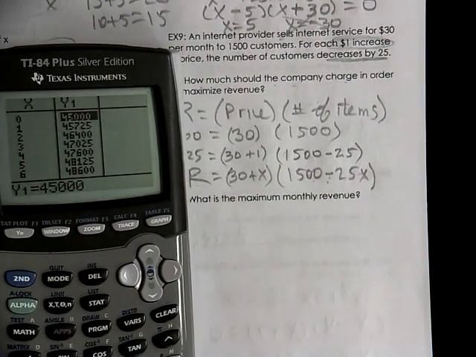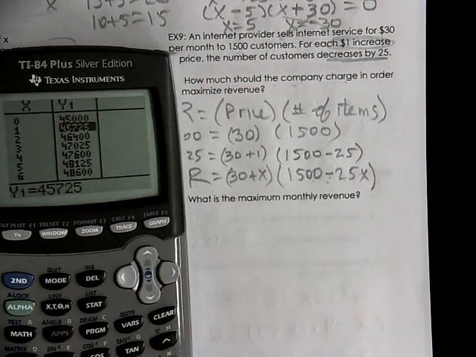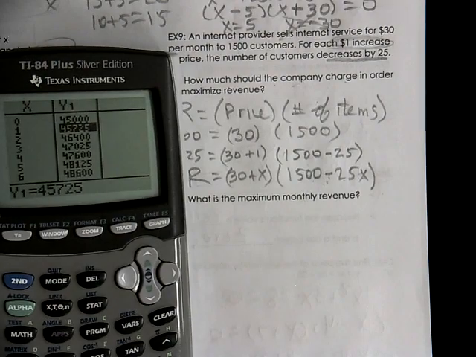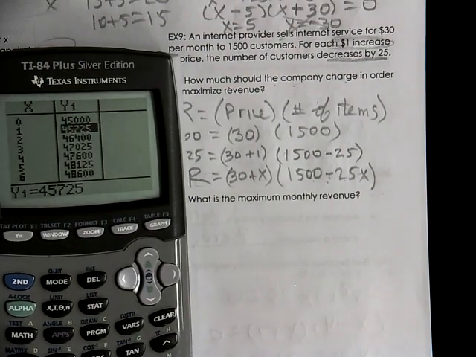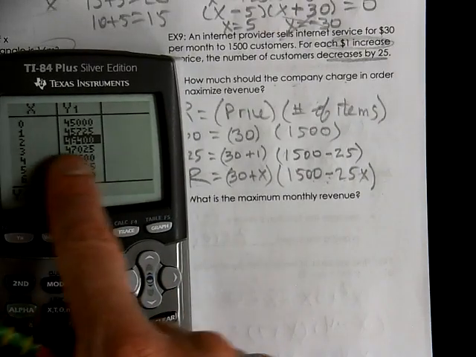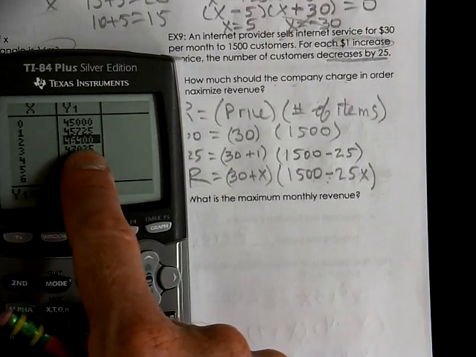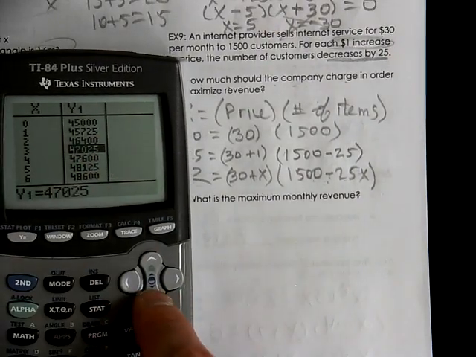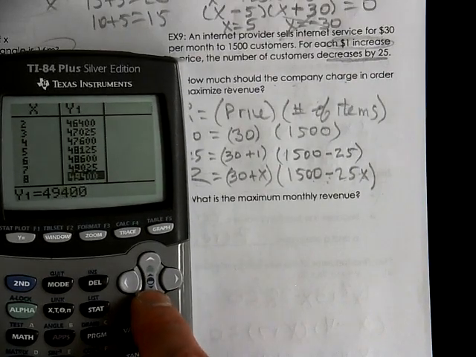We saw, like we had before, 45,000 and a little bit more when we increased the price by $1 and we lost some customers. Increased by another $1 and we lost more customers, but we made more money and more money and more money. How far do you need to go down?